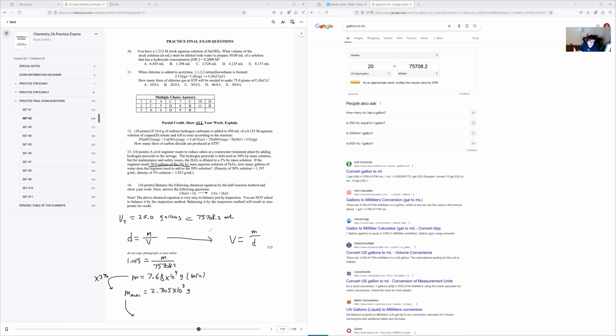How do you get the mass of the solution? Well, it's just this times 2, right? Because it's 50% by mass. So if 50% of it is hydrogen peroxide, you just double it and you get the mass. That's grams of the 50% solution. This is quite a tricky problem.